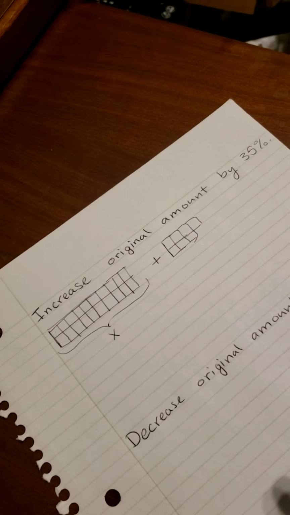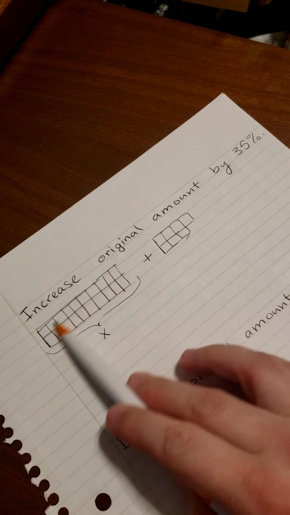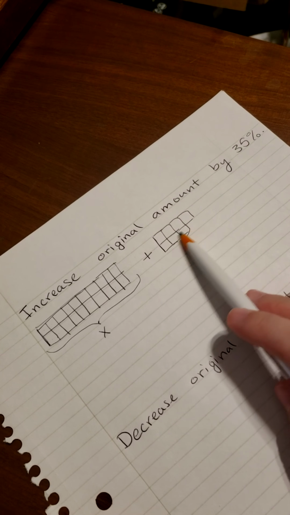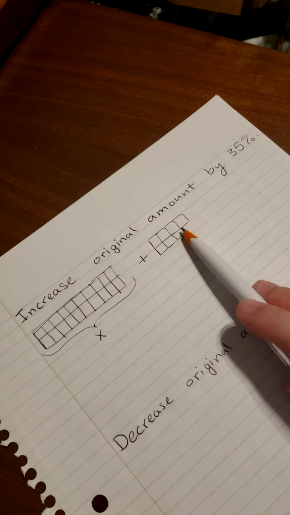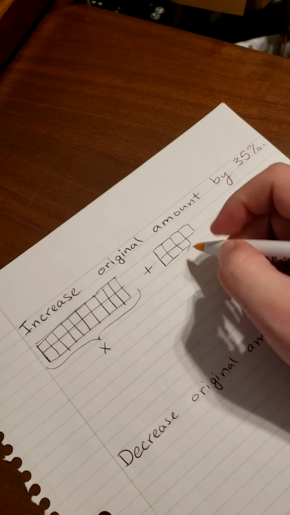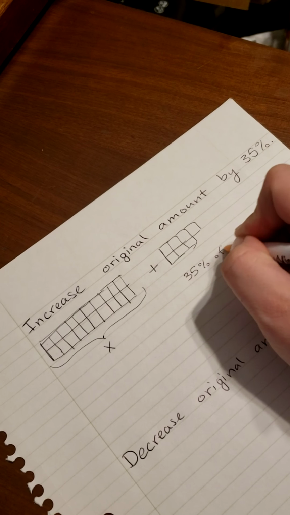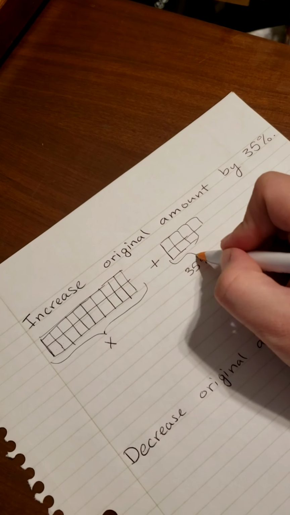If I had a value, like let's say it was $60, I could divide that $60 up and figure out exactly how many goes in each of these little spots, and then add that much more to it, and I'd figure it out. But this right here is 35% of x. That's what that piece represents.